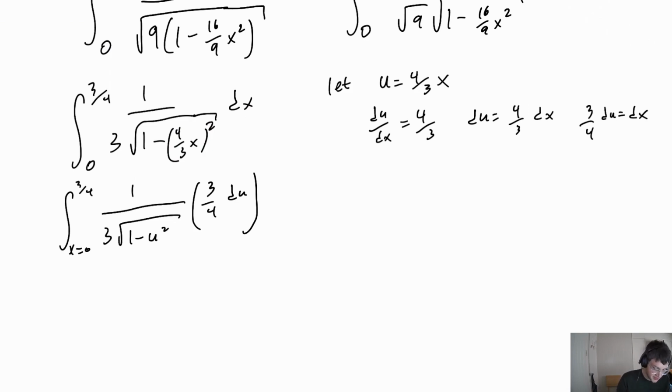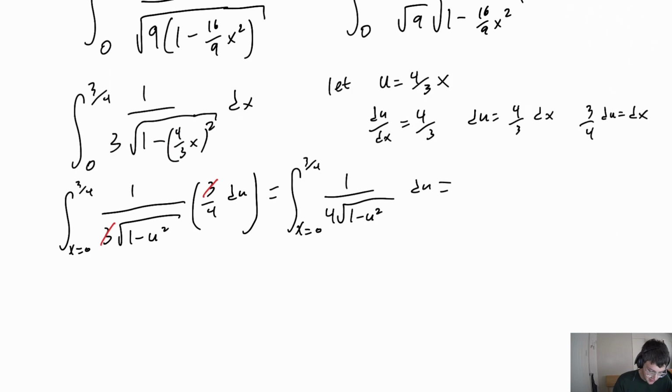So just plugging in u for 4/3 x here, and plugging in 3/4 du for dx. Okay, almost done. We can do a little bit of simplification. I have this 3 on top and this 3 on bottom, they are going to cancel out. And so this leaves me with the integral as x goes from 0 to 3/4 of 1 over 4 times square root of 1 minus u squared du.